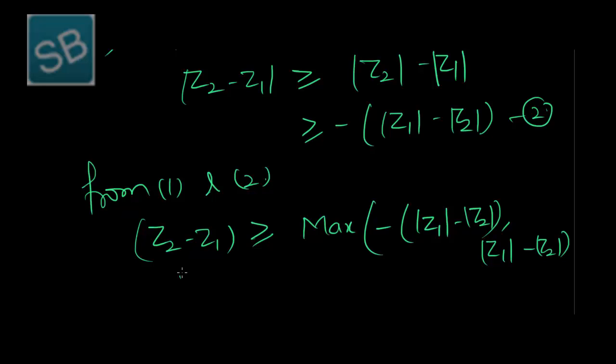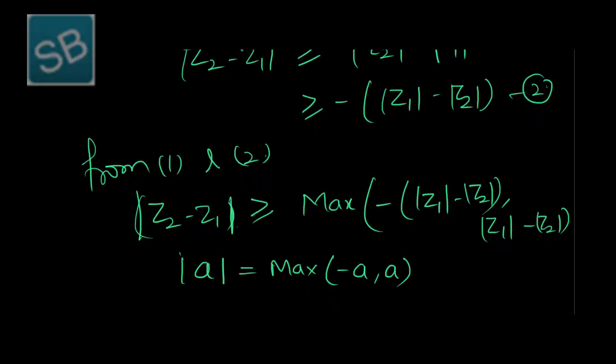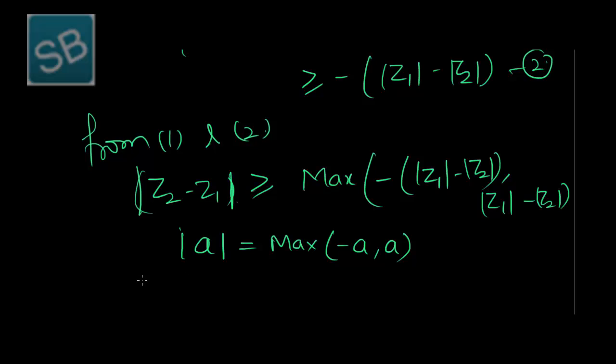As in the same case, we know that |A| is equal to the maximum value of −A and A. So here |Z2 − Z1| is greater than or equal to ||Z1| − |Z2||.